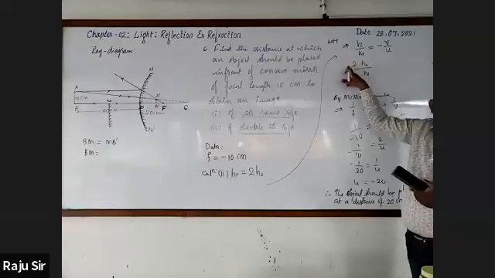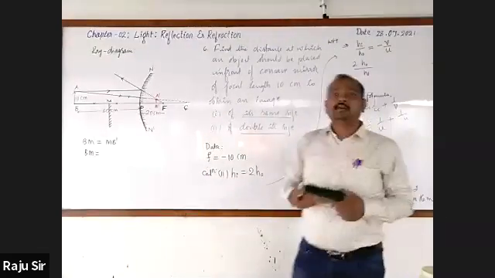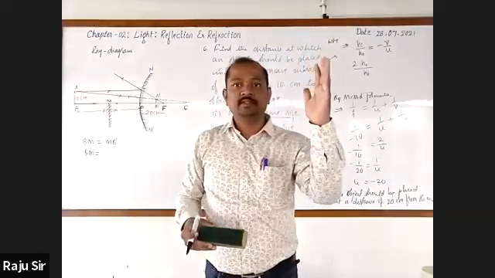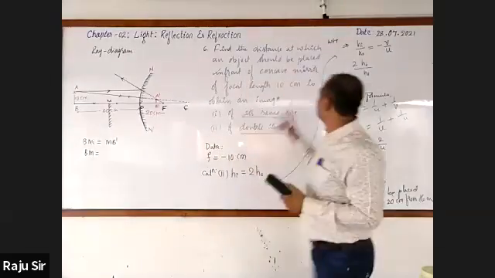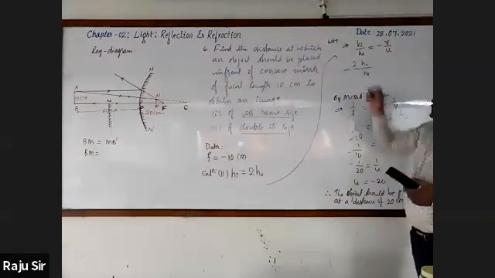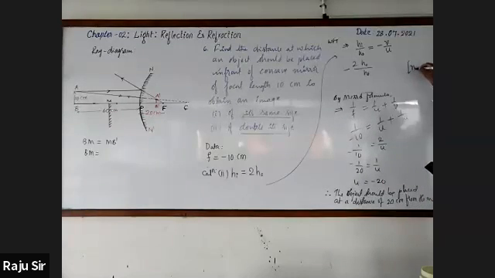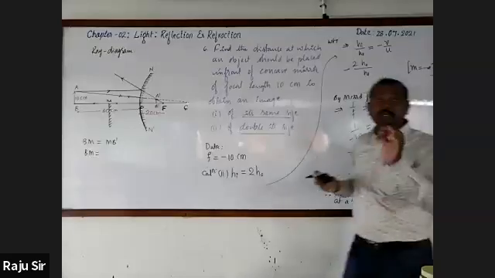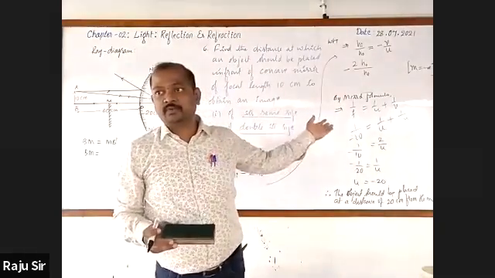Negative. Height of the object is positive. Image is formed on the screen, so it will be negative, because magnification is negative.